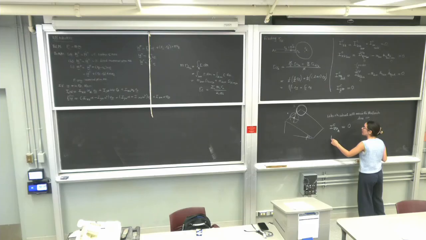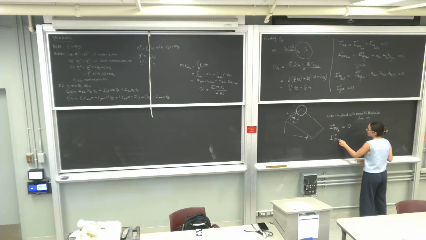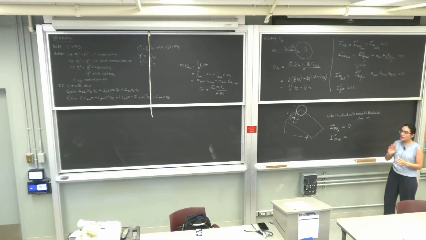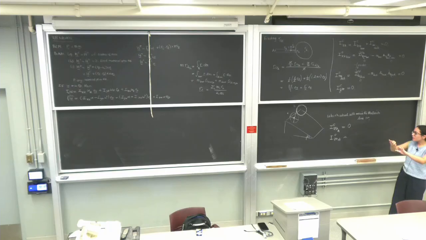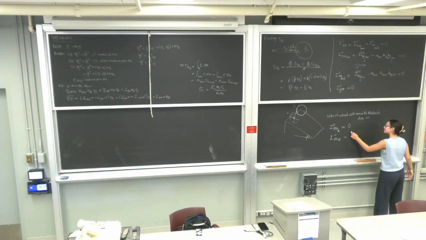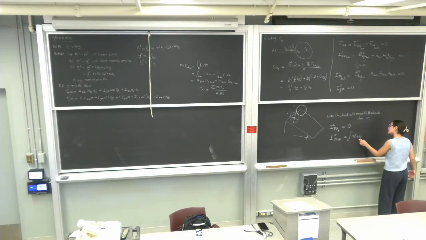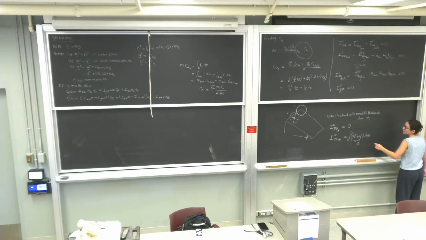Whereas for B, what is ICCZ? For B, the mass is all equally distributed from the z-axis. If I want to integrate x squared plus y squared dm, the mass is equally distributed at a distance r from the center of mass.